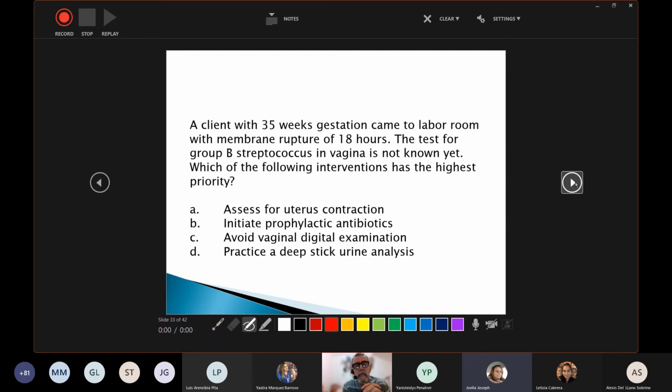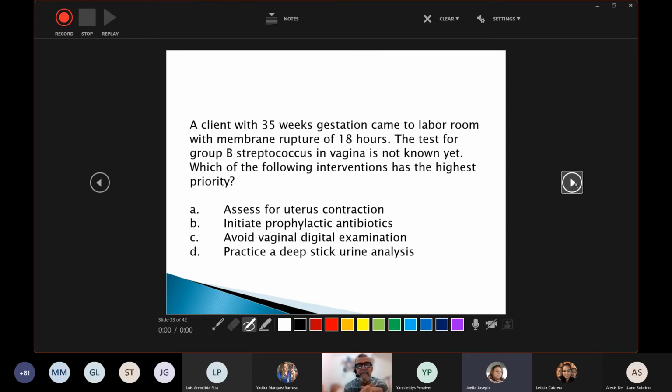The baby at 35 weeks can survive. And the woman had probably a premature rupture of the membranes because the baby is premature, is not a term. And when the membranes rupture before 38 weeks of gestation, it's called premature rupture of membranes.